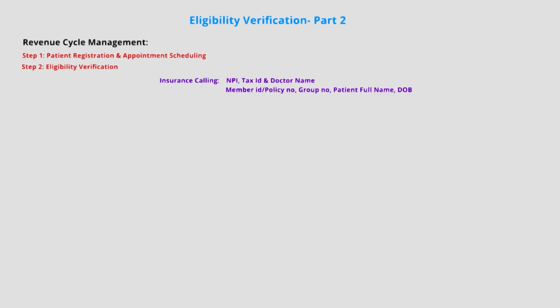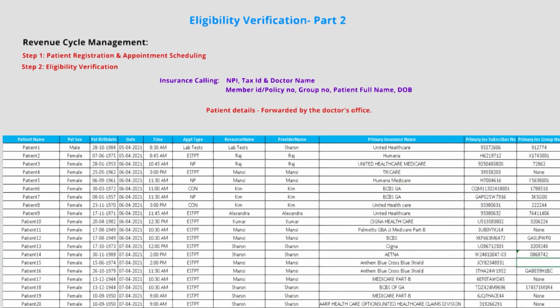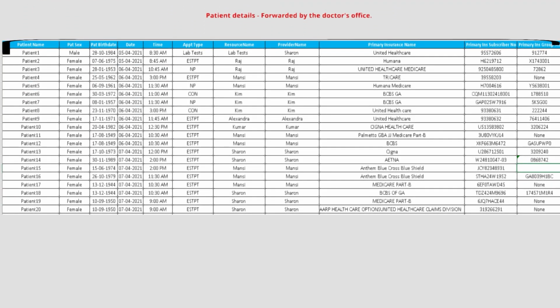Now, this information is forwarded to us by the doctor's office in an Excel format as shown below. This Excel will contain details like patient's name, date of service or date of visit, type of appointment, whether the patient is coming in for an office visit or a lab test or for any other service or procedure.